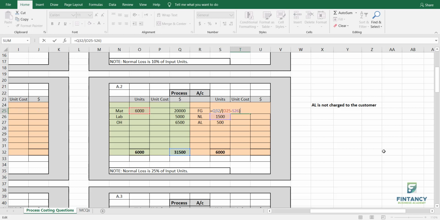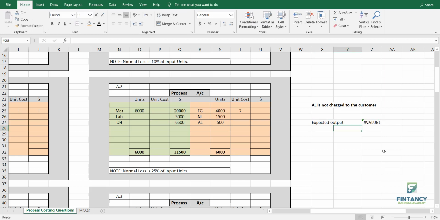So see, remember the point which I was telling you in the last question, why I am taking expected output: because in this question expected output is different from actual output. I hope you got the point. How much is expected output in this question? Expected output is 6,000 minus 1,500, which is 4,500.